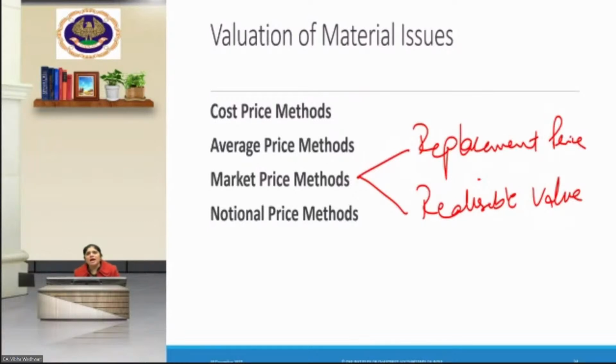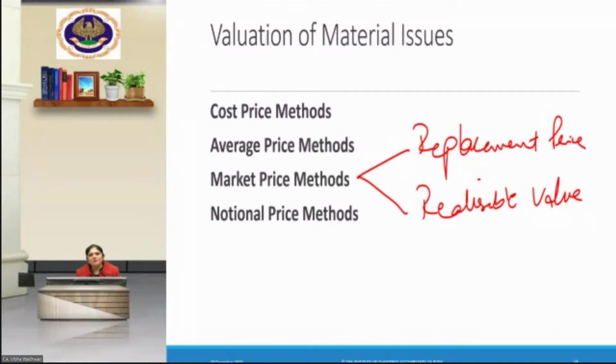So let us say I've purchased the material A in January and I'm issuing the material A in March. So there is a time lapse of 2 months. If I'm taking the price of January, will it be feasible that I'm issuing the material in March and I'm taking the purchase price that was in January 2 months back?